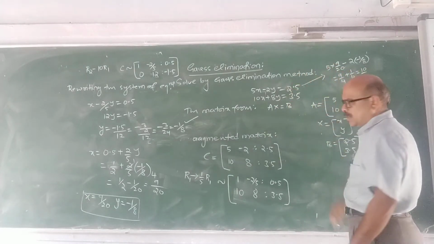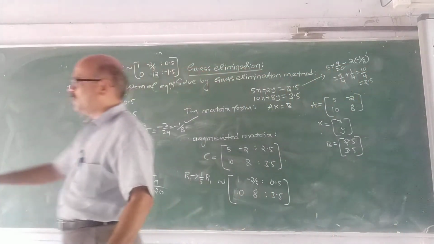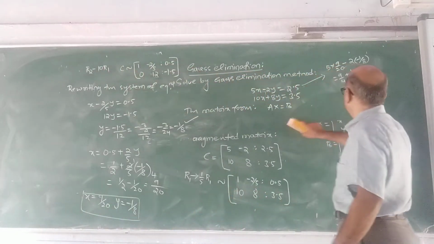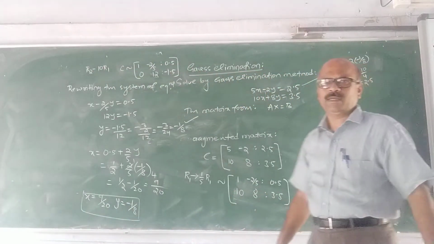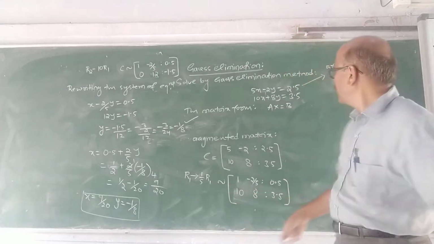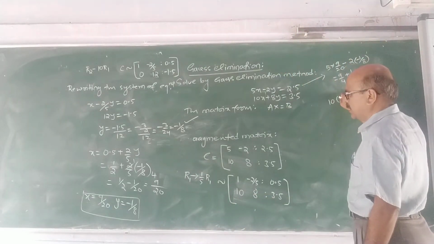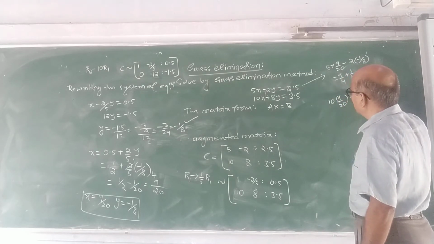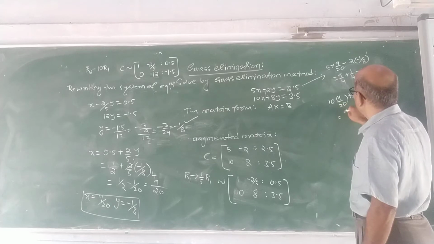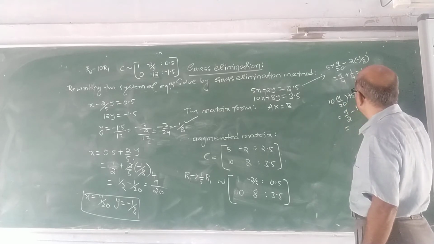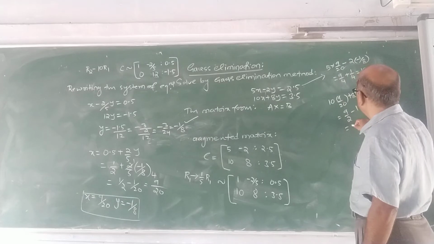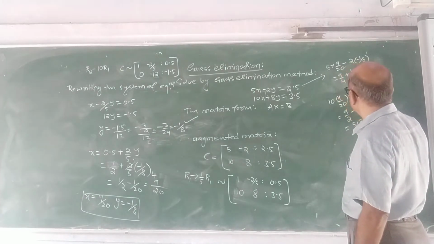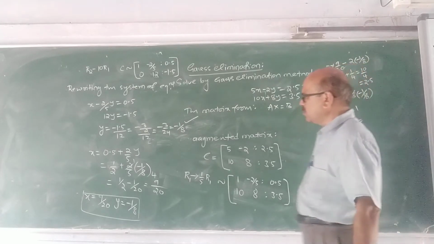So the first equation is satisfied. Now verify whether the second one is also satisfied. If the second one is also satisfied, then it is called the solution. In the second one, 10 into 9 by 20 plus 8 into minus 1 by 8.